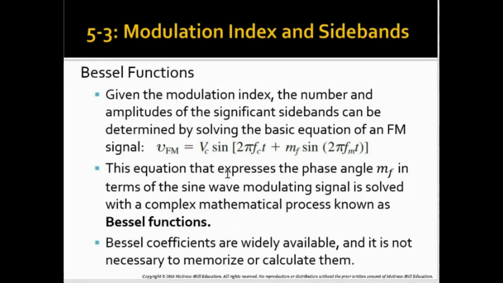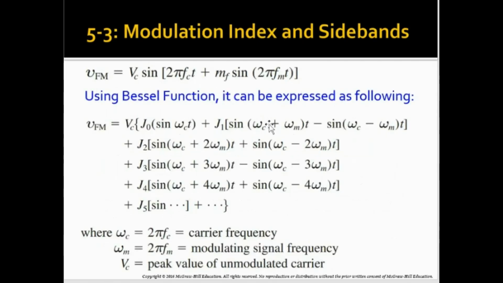So to understand about those sidebands, the amplitude of the sidebands and frequency of them, we need to calculate this. This is done by Bessel functions. I will show you after this.